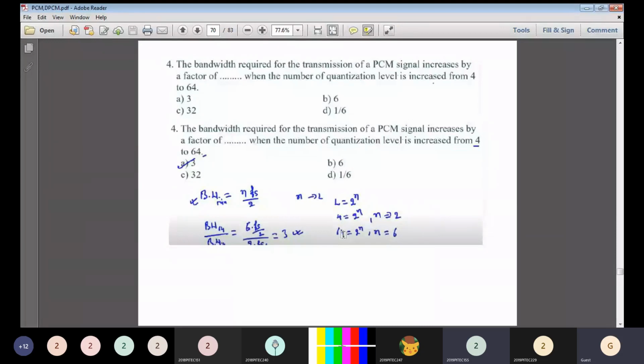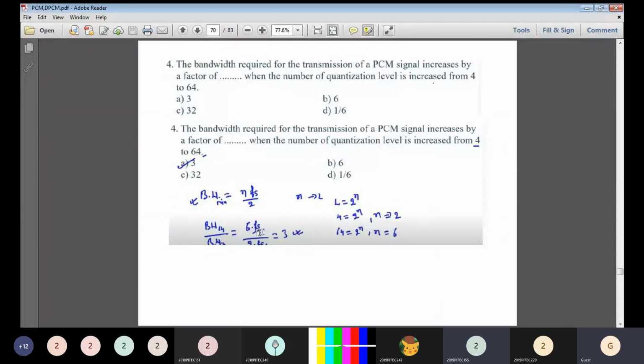Then we know the number of levels is increased from 4 to 64. So the value of small n equals 6. So we can find out the bandwidth difference between the value of n is 2 and 6.